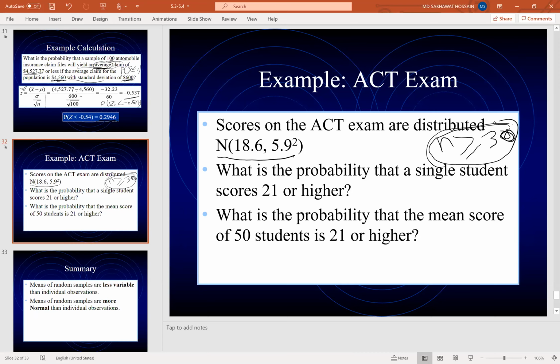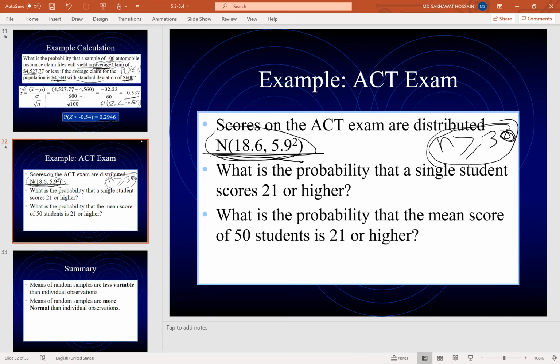Here it is given the ACT score is normal, so X bar will be normal, whether n is small or large. But if the original distribution is not given, then you should consider large n to get a normal distribution for X bar.